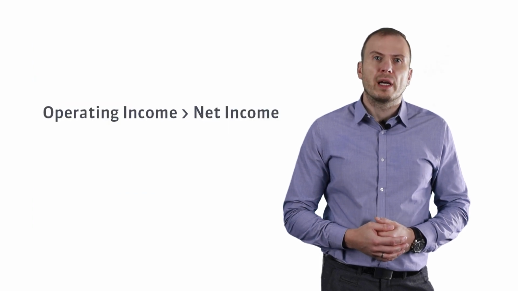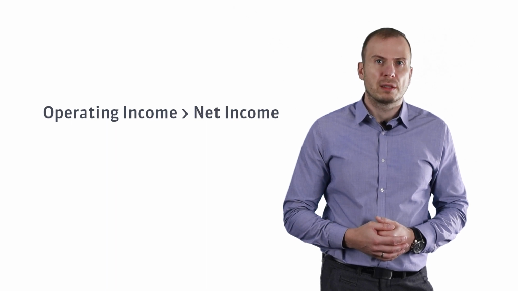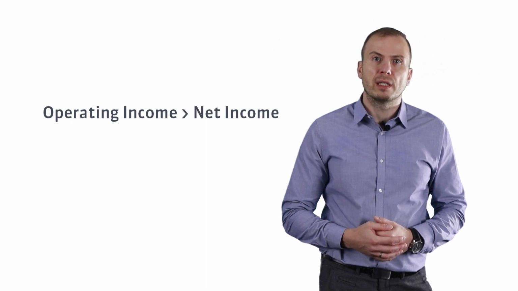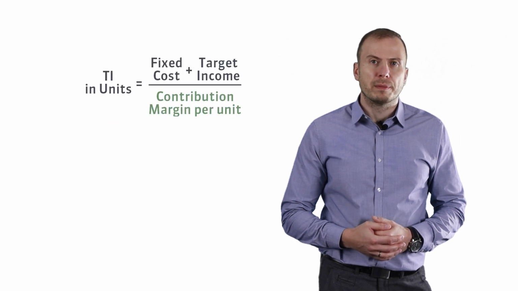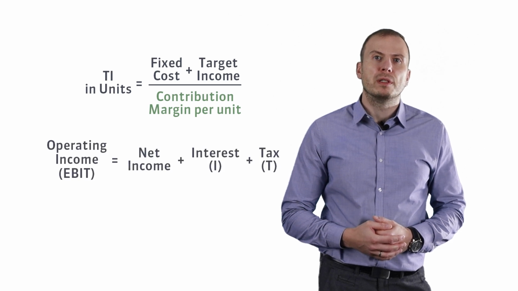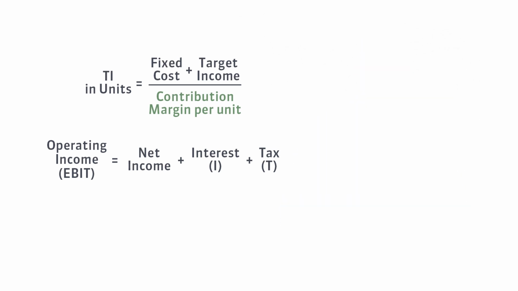The target income expressed as a net income is therefore less than target income understood as operating income. Let's look at the formula again. If we put a lower value in the numerator, the number of pots will change. A smaller value in the numerator would mean you could sell fewer pots to meet your target income.